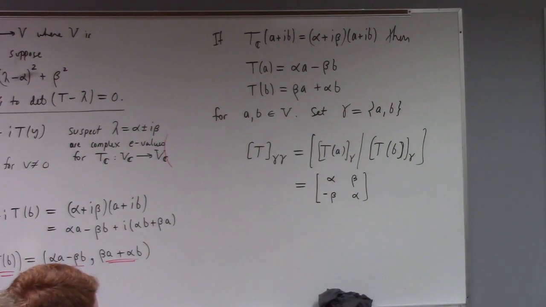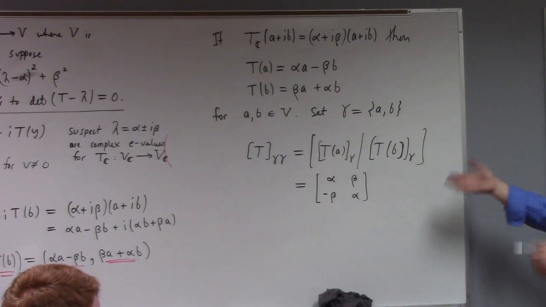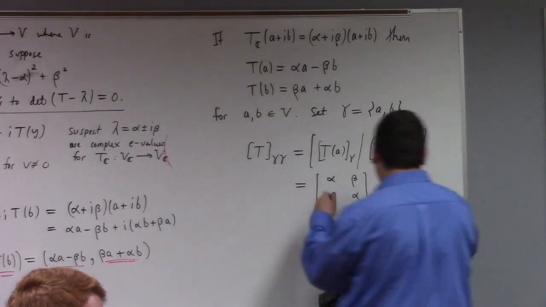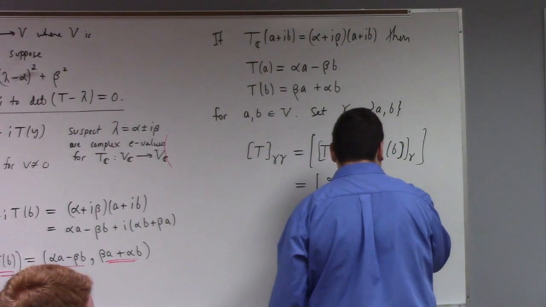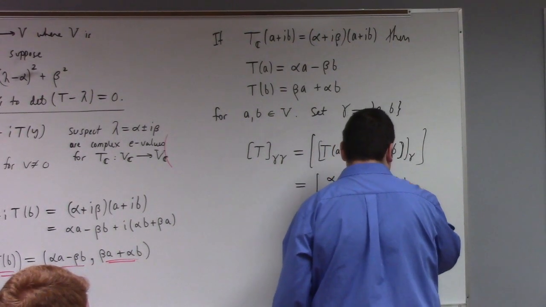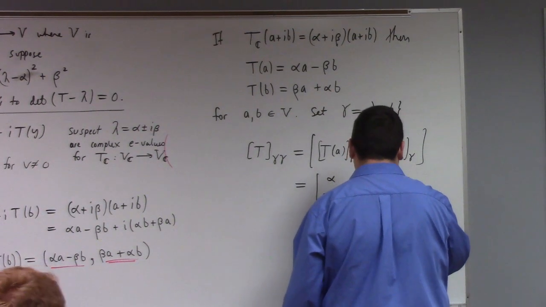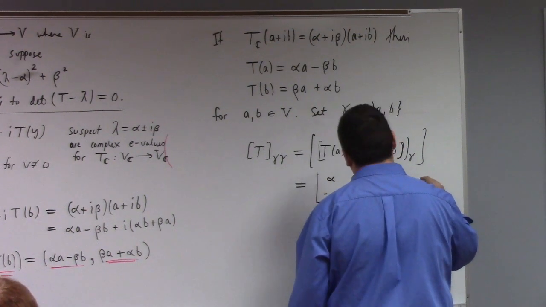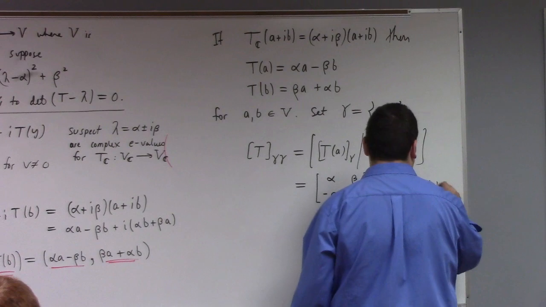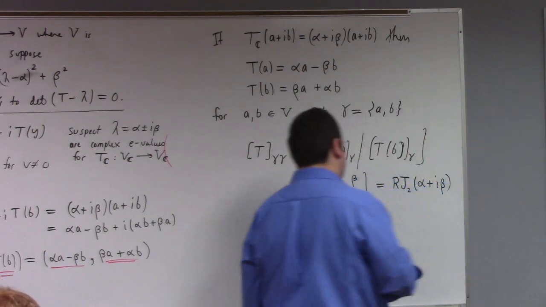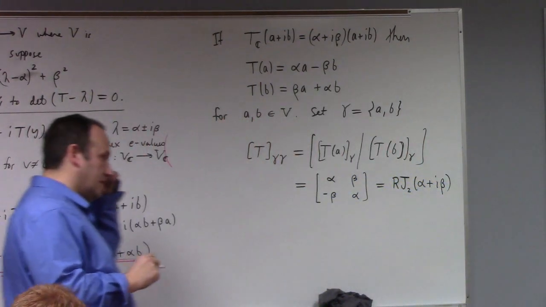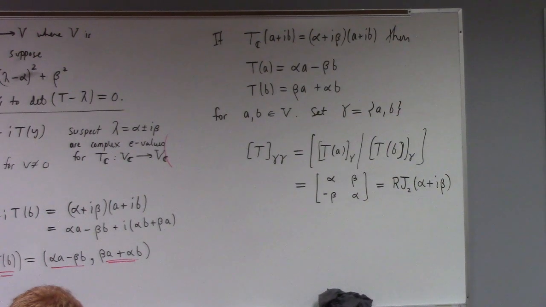Oh, well. Okay. So I need a notation for this. For lack of a better notation, I'll say this is the real Jordan form of 2 by 2, alpha plus i beta. Real Jordan form.